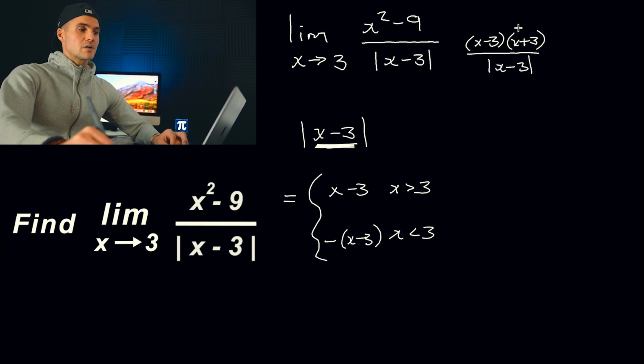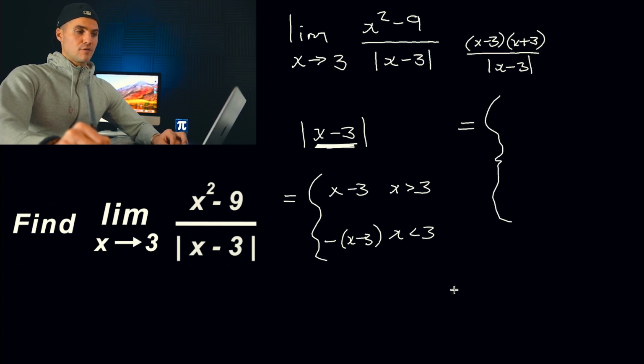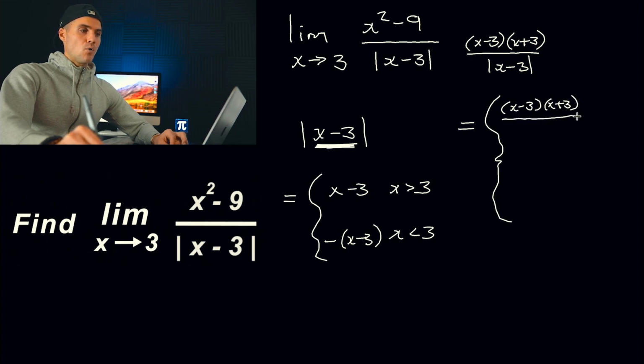So now we're going to take this overall function and also rewrite it as a piecewise function. Okay, so the numerator is going to stay the same. So it's going to be x minus 3, x plus 3, and it's going to be over just x minus 3. And that's going to happen when x is greater than 3.